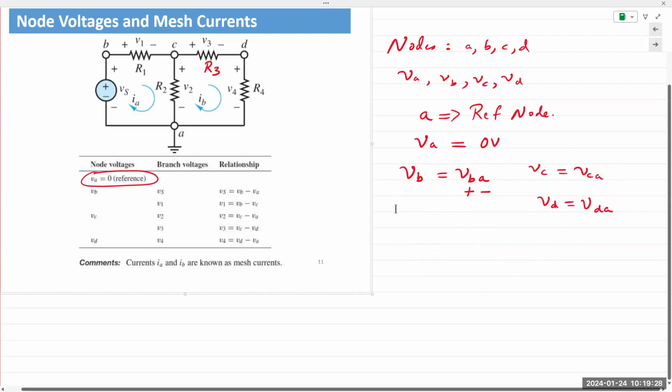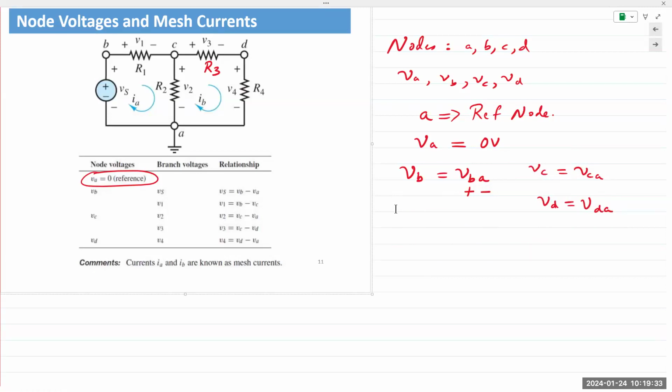Even before that, actually, let's look at the power supply. Where is the power supply connected? Between nodes B and A. And the power supply has a polarity. It's already given to us, plus at the top, minus at the bottom.